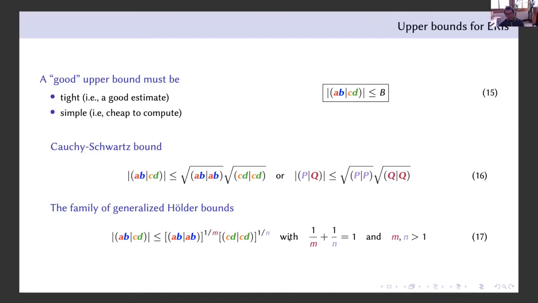Cauchy-Schwarz corresponds to m equal n equal 2, but you can take any m and n such that 1/m plus 1/n equals 1. By varying m and n, you can create different types of bounds. You can take m very large and n equal 1, for example, or 2. And so you can design bounds that see that if they are very far away, you don't have to compute that integral.